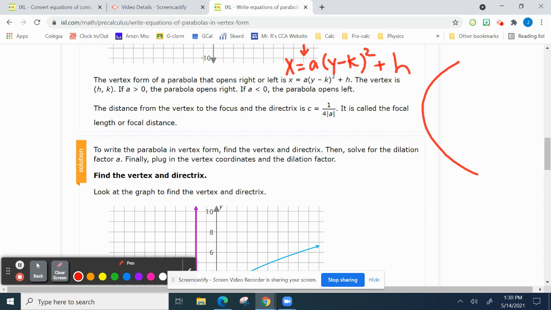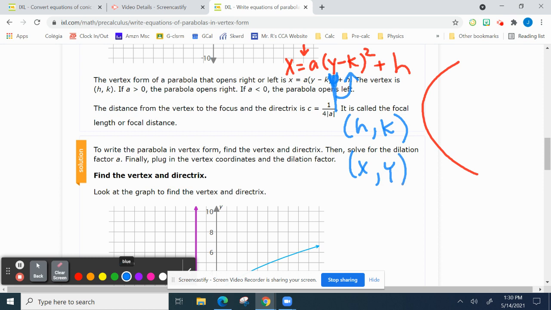And whichever variable, the y in this case, whatever one is in this piece of the formula, you have to use the matching part of the center. Remember, the center is h comma k, which is always x comma y.